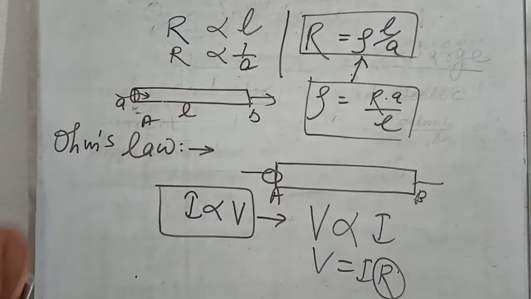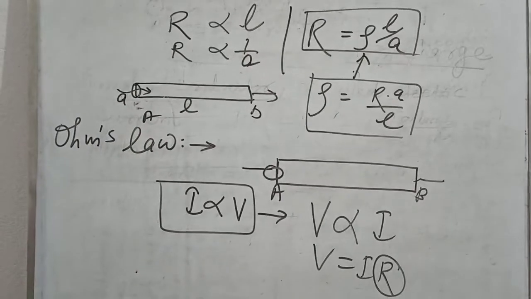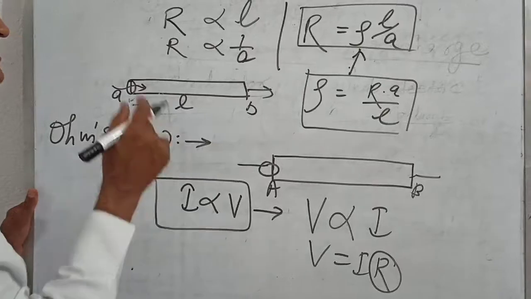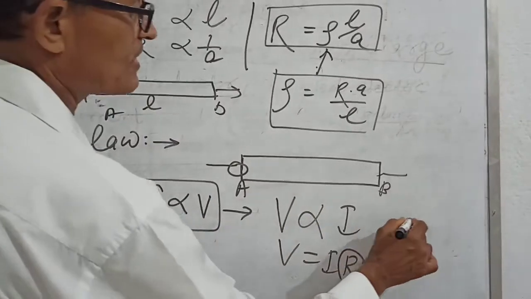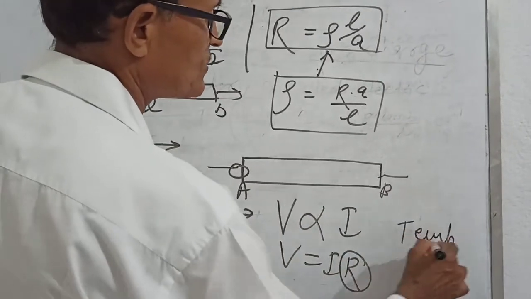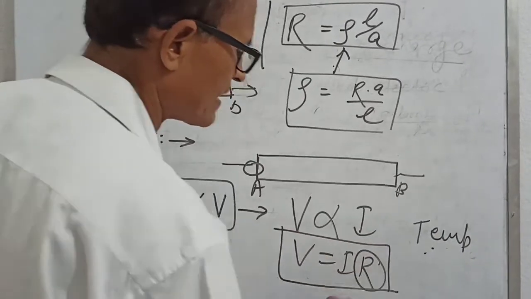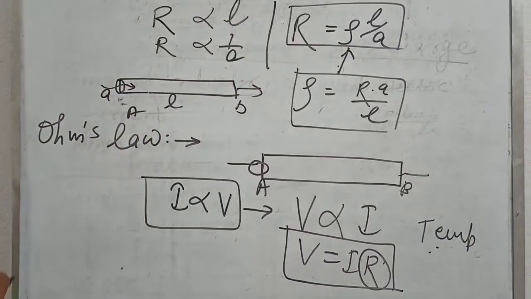It does not vary, it remains constant for a particular length, a particular area of cross section, and constant temperature and pressure. So this is our Ohm's law, a very important law regarding the resistance of a conductor.